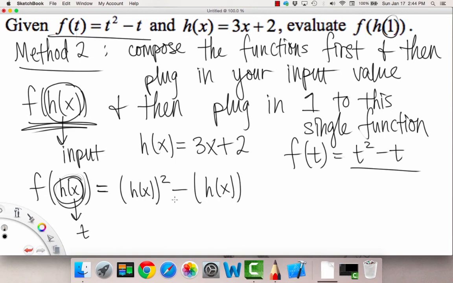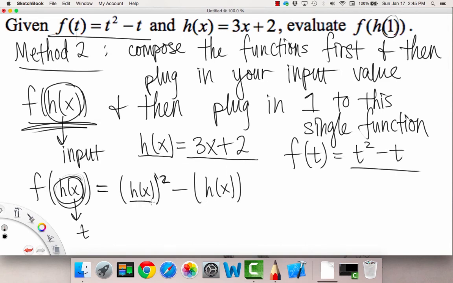And notice how when I plugged in the h of x, when I plugged in the input value, I put parentheses around it. I would suggest doing that because it helps avoid confusion or mistakes with negative signs or with squared things and stuff like that. Okay? So we can go a step further, because right now it's like, well, what's h of x? And we know what h of x is because we're given that h of x is equal to 3x plus 2.